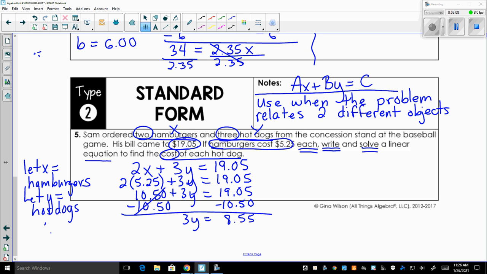And then divide both sides by 3. 3's cancel, and we get the cost of a hot dog is $2.85. So if you got some really crazy or run-on decimal or a negative number here, you probably did it wrong. It's money, so it should come out to the hundredths place. So something to keep in mind there with money.